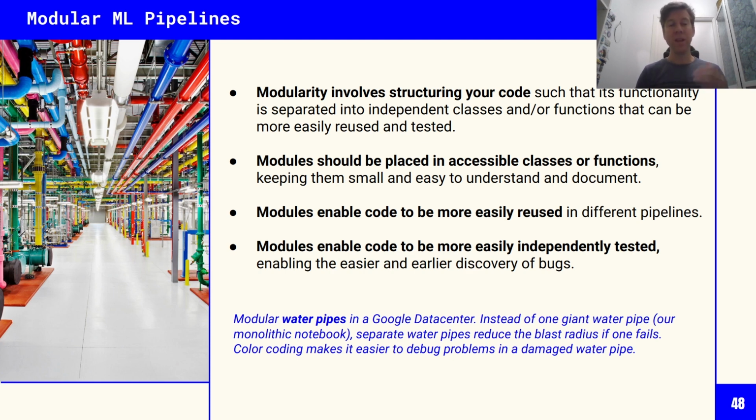So if, for example, the yellow pipeline here had a problem, the whole data center would not go down because that one pipeline had a problem, which it would if we had one monolithic pipeline. The blast radius for that particular problem will be reduced. Maybe some service will be unavailable for a short period of time, but it'll be easier to fix and easier to identify, because we can follow the yellow pipeline, find the source of the problem, and the problem hopefully isn't as big as redeploying a huge monolithic pipeline.